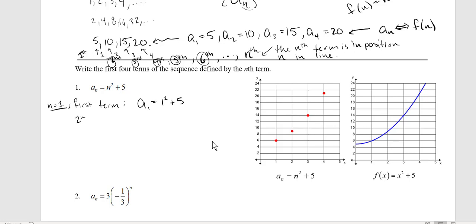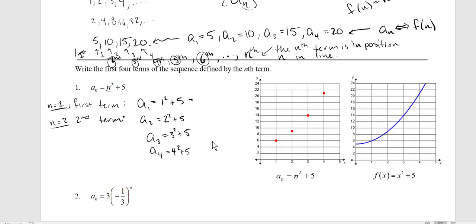The second term, that would be n equals 2 because it's in position 2 in line. And that's saying n is 2, so I'll plug in 2 squared plus 5. And so on. A3 would be 3 squared plus 5. A4 would be 4 squared plus 5.